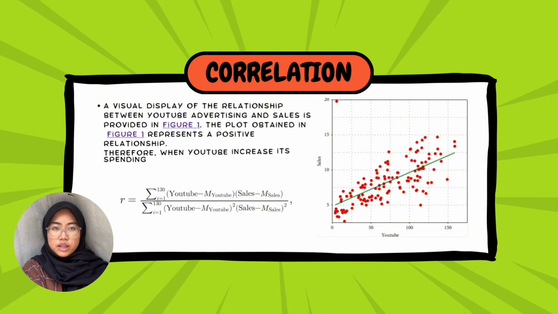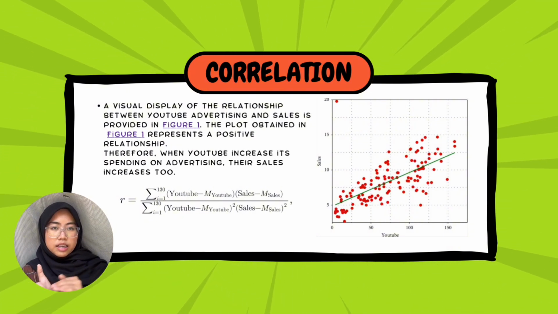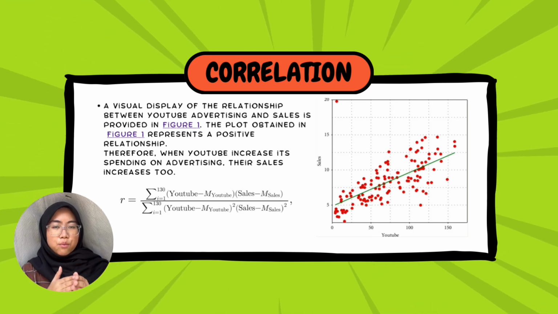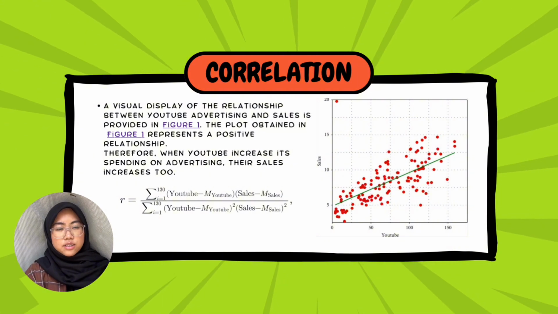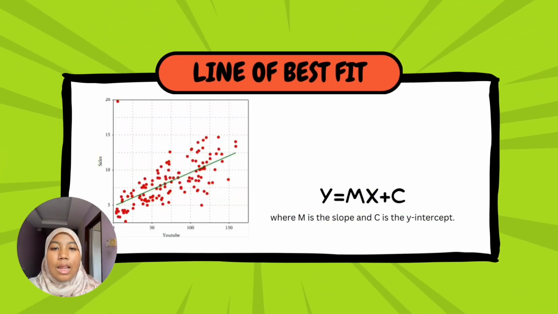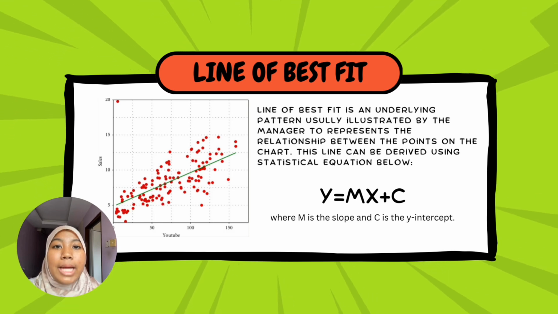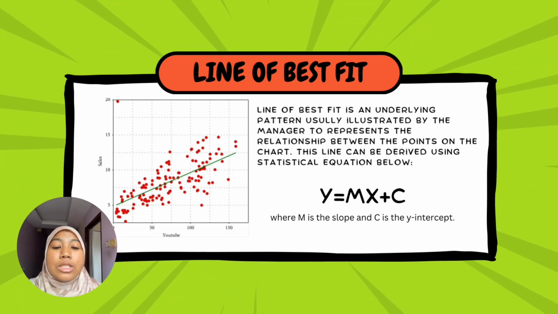Figure 1 on the right shows a correlation between YouTube's advertising and its sales. Figure 1 shows a positive relationship, meaning that when YouTube increases its money spent on advertising, their sales also increase. Line of best fit is an underlying pattern usually illustrated by the manager to represent the relationship between the points on the chart.